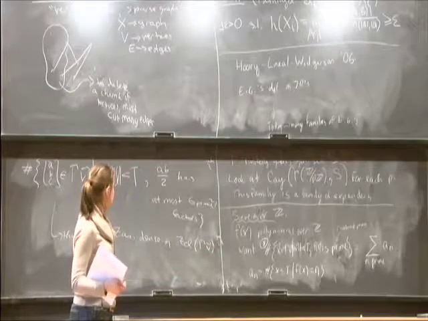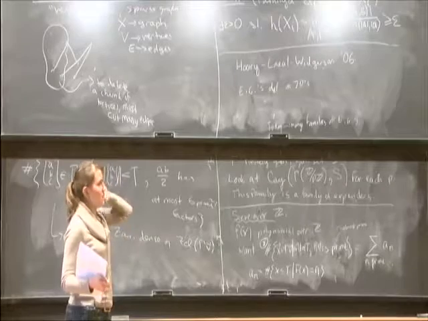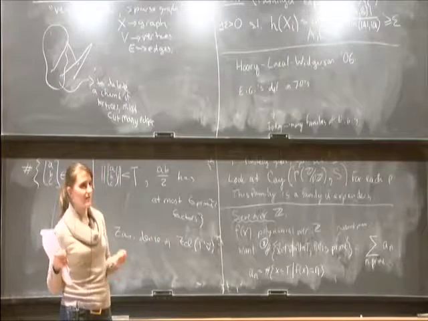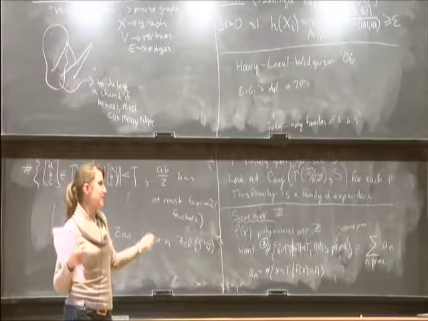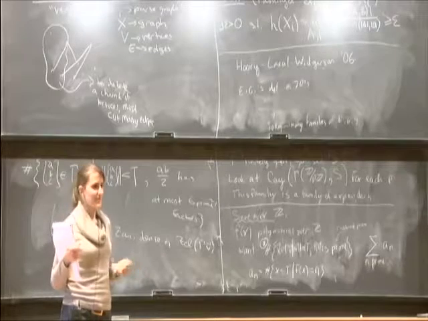Okay, so that's just one example, and there's lots of other really nice examples. For example, Apollonian circle packings, which I've talked about in the postdoc talk, but I think there's no more time, so I'll stop.